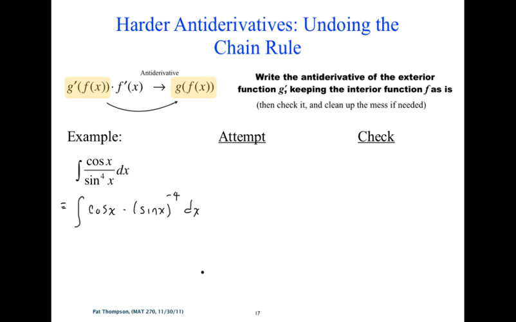Okay, and so now it's looking like the result of chain rule instead of that fraction, but those are equivalent. So are we going to focus on cosine x, or are we going to focus on sine x to the minus 4? And what is the antiderivative of sine x to the minus 4? Just the exterior part. How about Alec Warren?